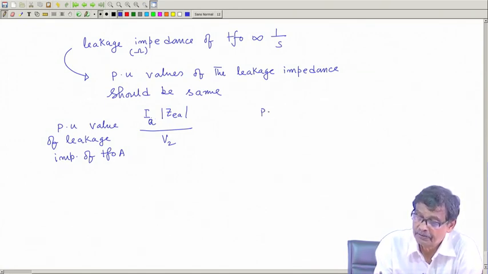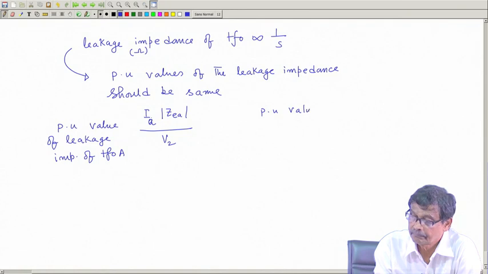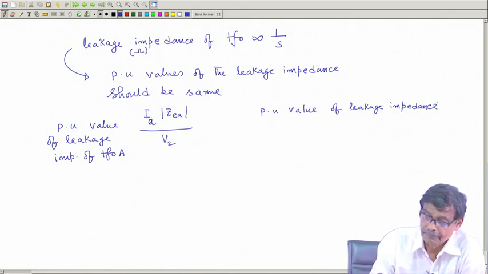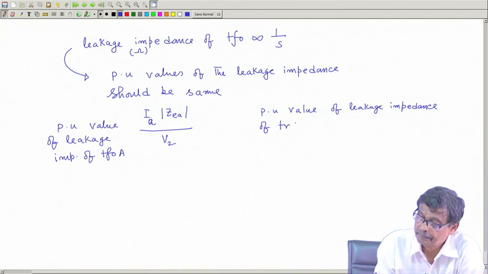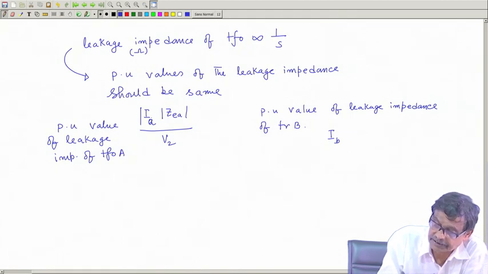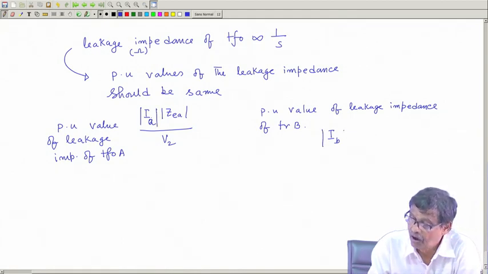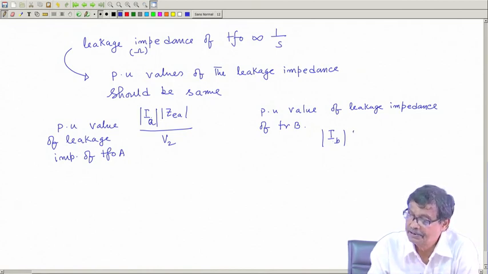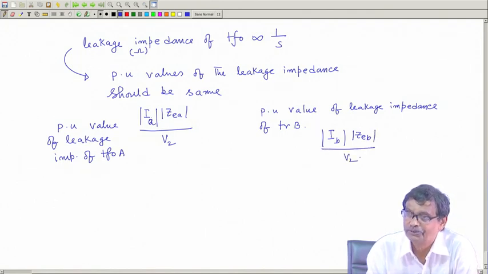Similarly, the per unit value of leakage impedance of transformer B will be its rated current, magnitude of the rated current, and how much is dropped in that with respect to the rated voltage: IB jXB by the same voltage V2.